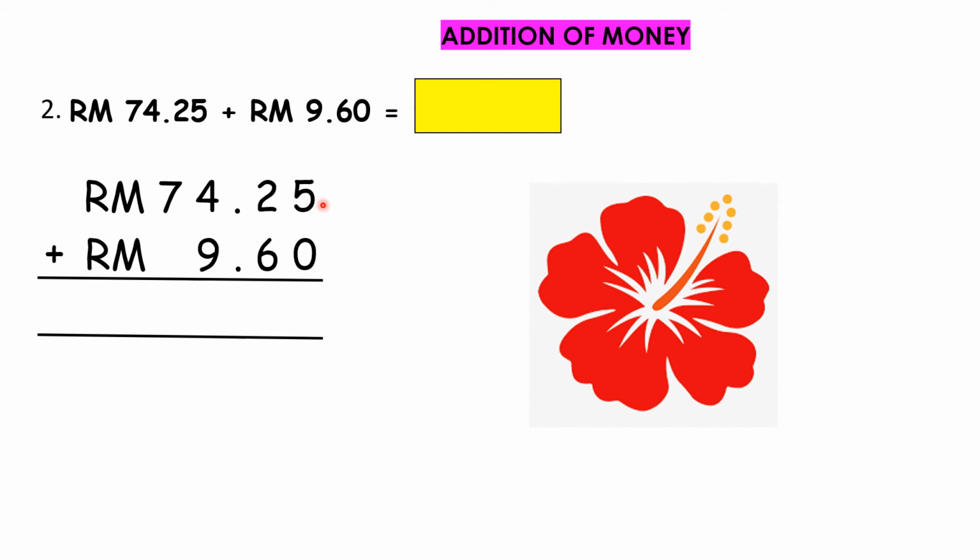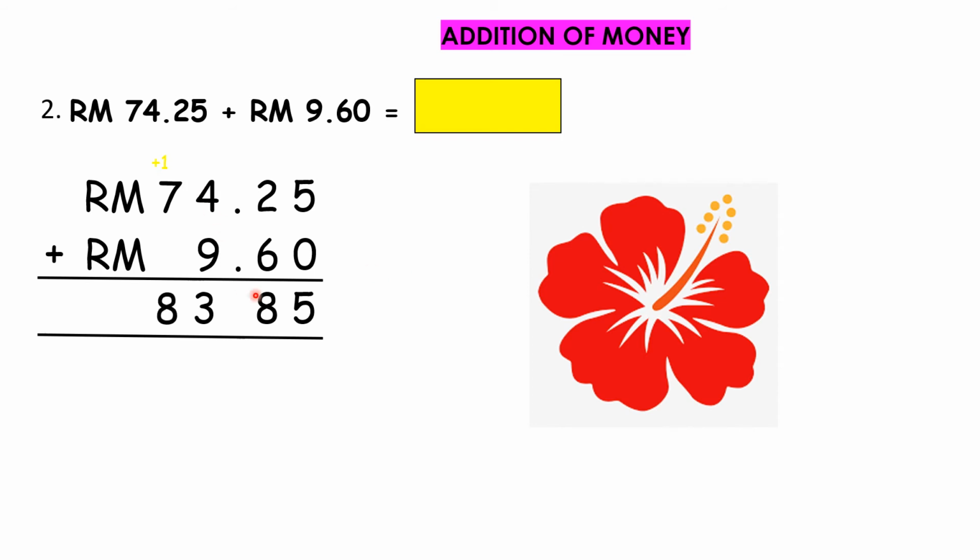So we start from 5 plus 0. 5 plus 0 is 5. 2 plus 6 is 8. And then 4 plus 9 is 13. So we write 3 below 9 and then 1 above 7. So 1 plus 7 equals 8.